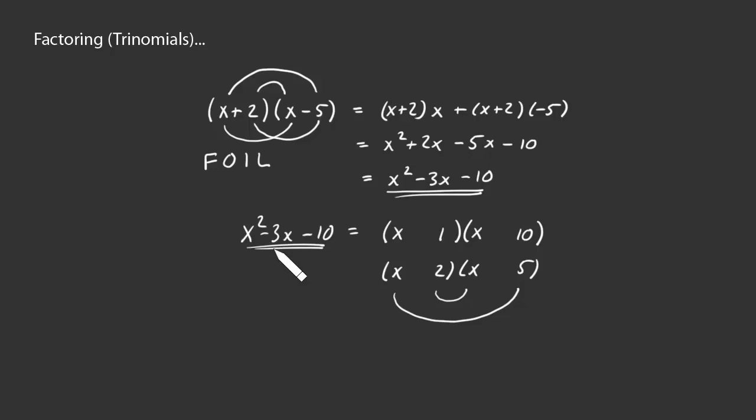Okay, so that in combination with the fact that they have to be different signs, and hence we're looking at subtraction, there's no way to make this work, right? 1x and 10x. There's no way to get 3x out of that by adding or subtracting. However, 2x and 5x, is there a way to get a negative 3x? Sure. You take the 2x, make it positive, and the 5x, you subtract it. And now we're back to where we started.